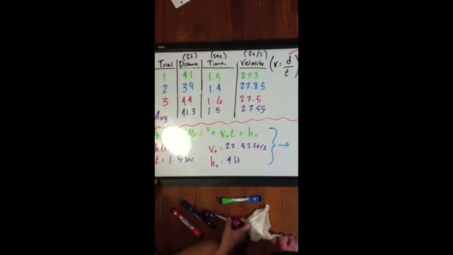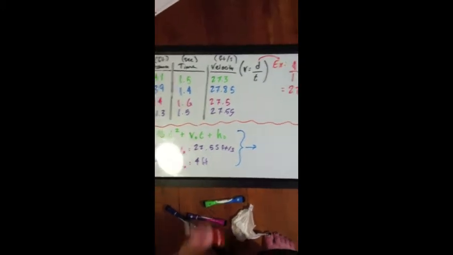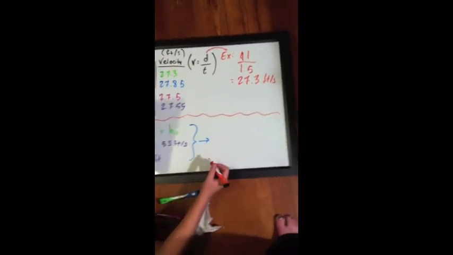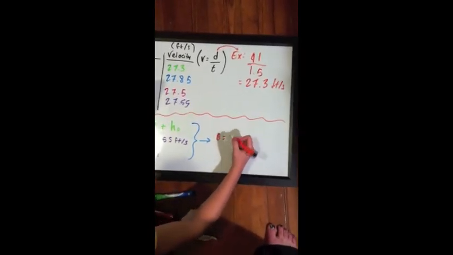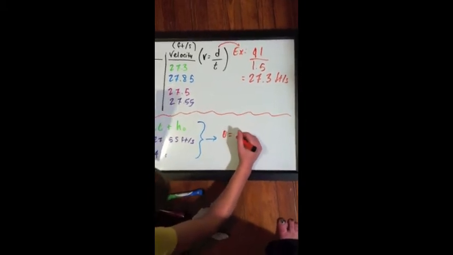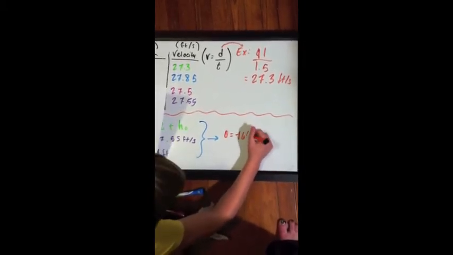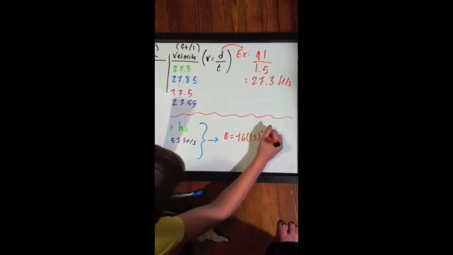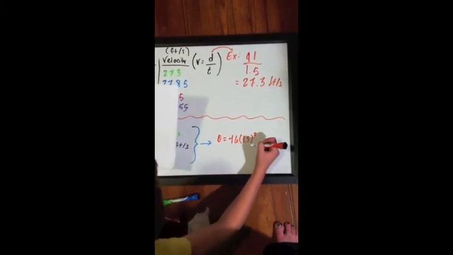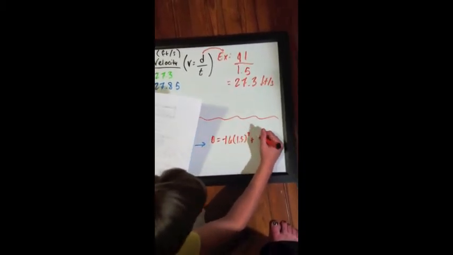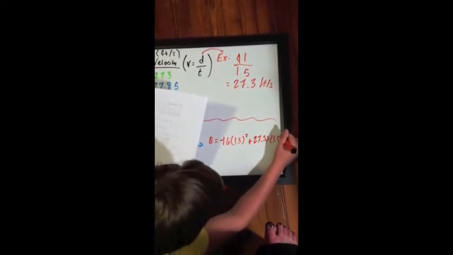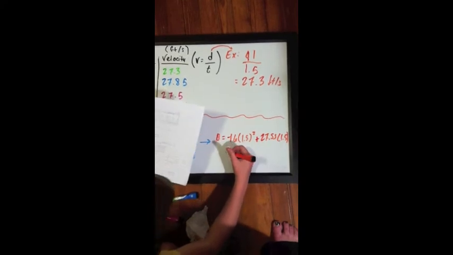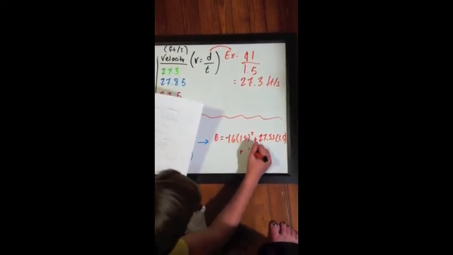So, plugging each of those into the h of t equation, we have 0 equals negative 16 times 1.5 squared plus 27.55 times 1.5, and then it'll just be plus 4.